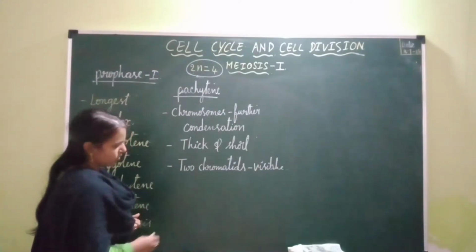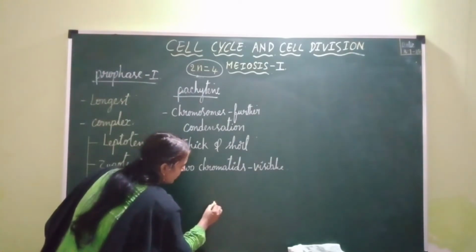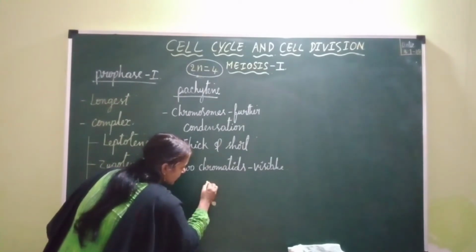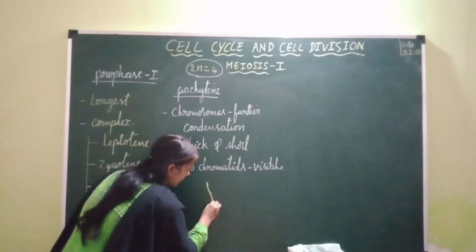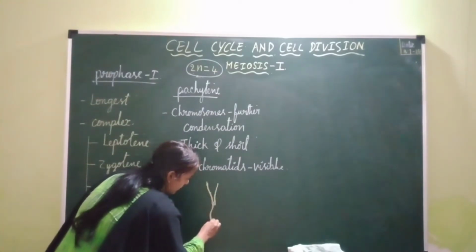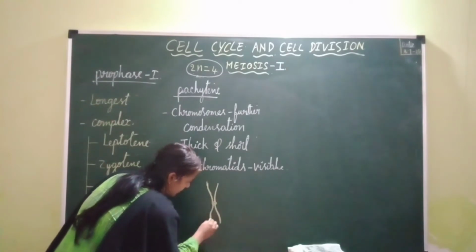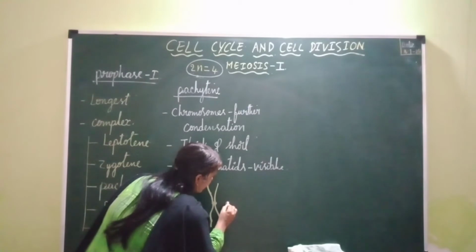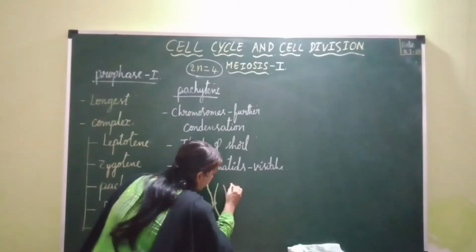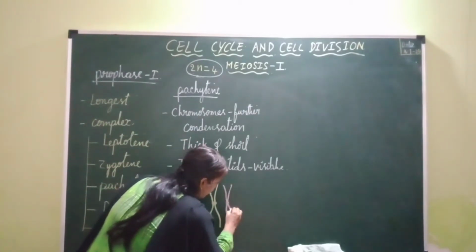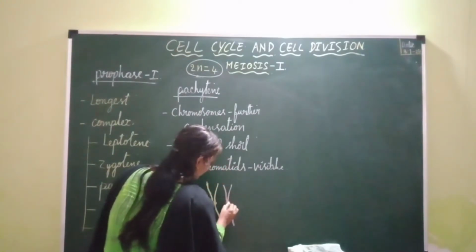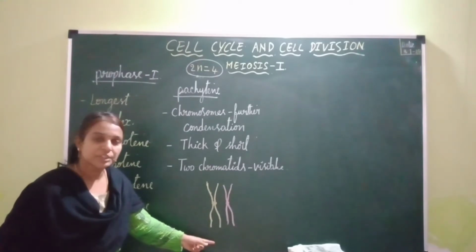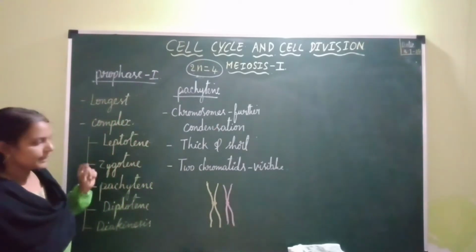Now let's see those chromosomes. This is a homologous pair of chromosomes which have been paired during zygotene stage.